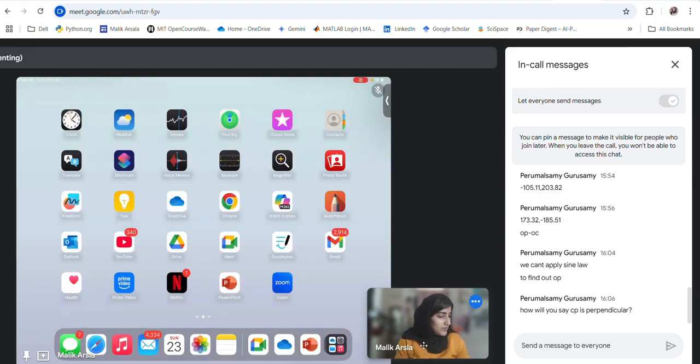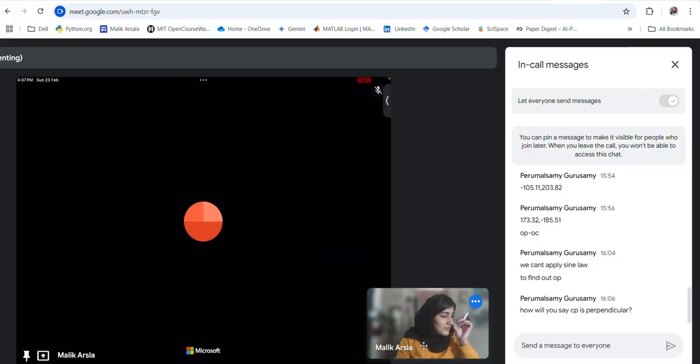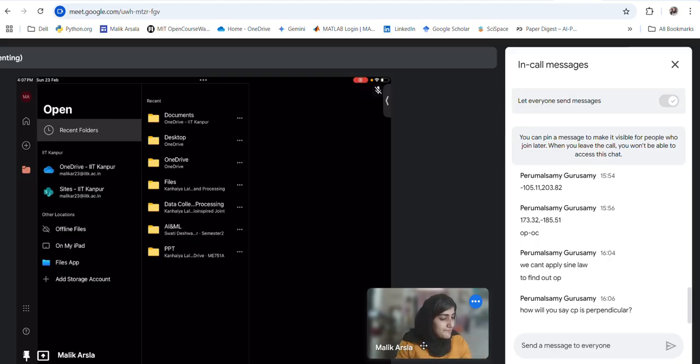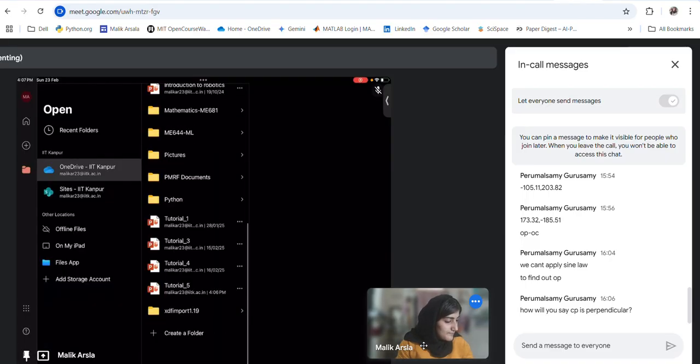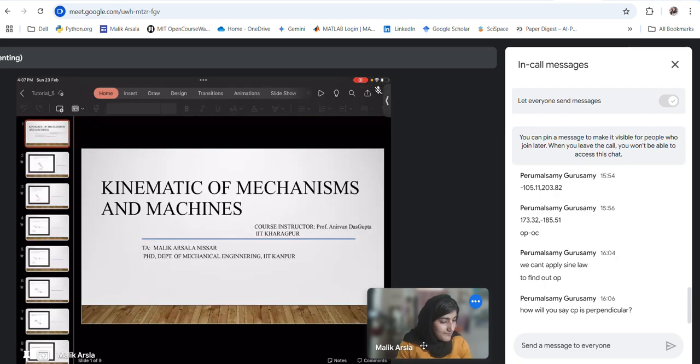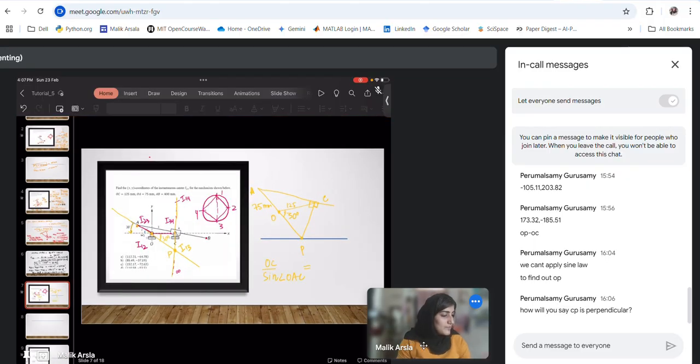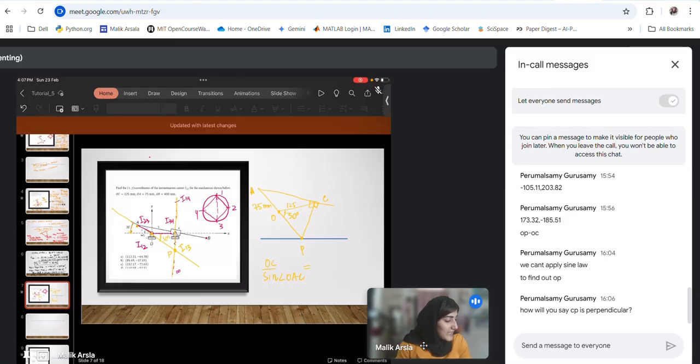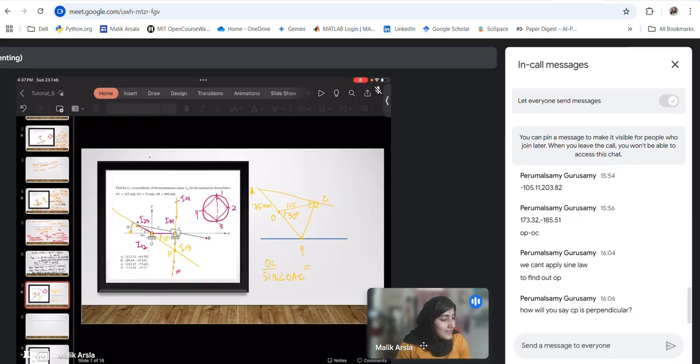Sorry for that. So OC upon sine of angle OAC can be written as AC upon sine of angle AOC.